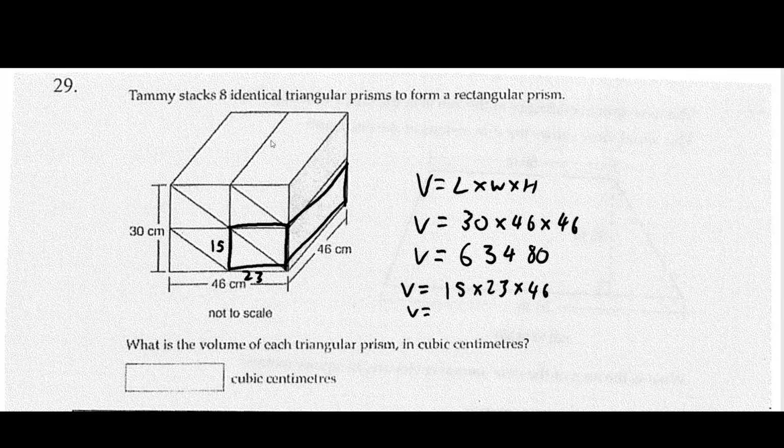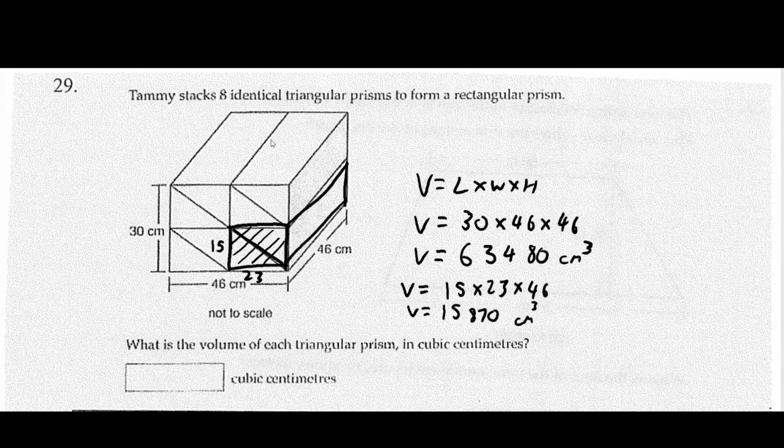So I can type that into my calculator. 15 times 23 times 46, which is 15,870 cubic centimeters. Now, the triangle. What is the volume of each triangular prism? Well, it's just half of this, because each triangular prism makes up the one small rectangular one.